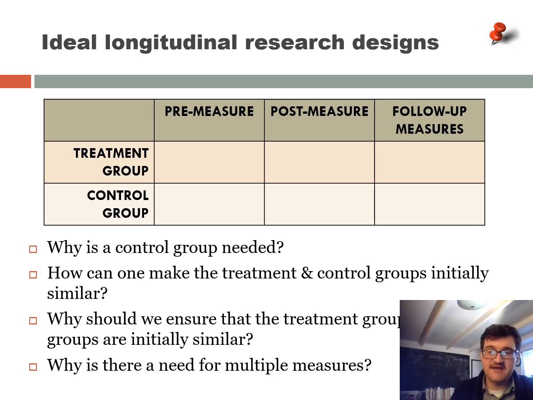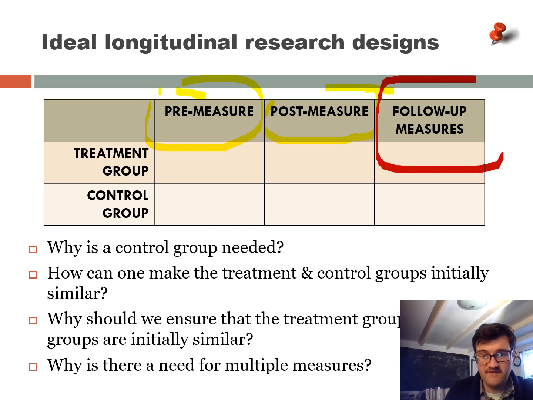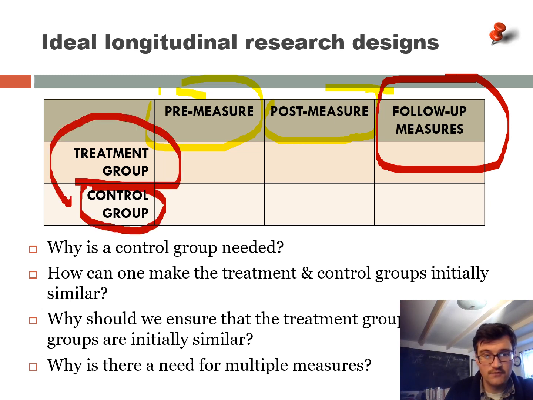So this is the basic idea. What I tried to draw on the board, which is probably not showing up incredibly well here. So here we go. But the ideal longitudinal research designs are going to have this. We're going to have our pre-measure, a post-measure, and possible follow-up measures with both a treatment group and a control group.